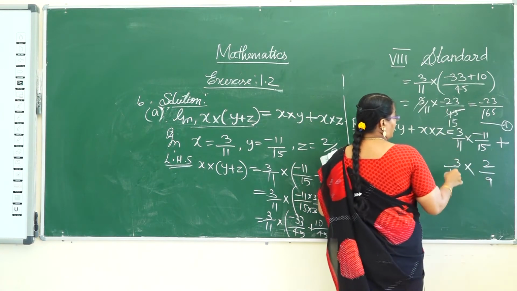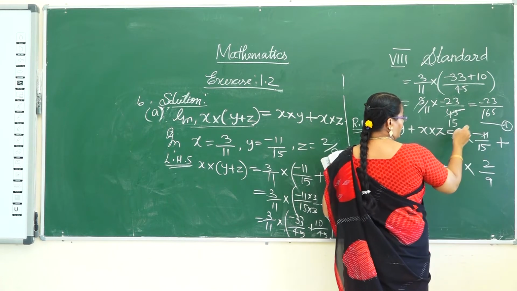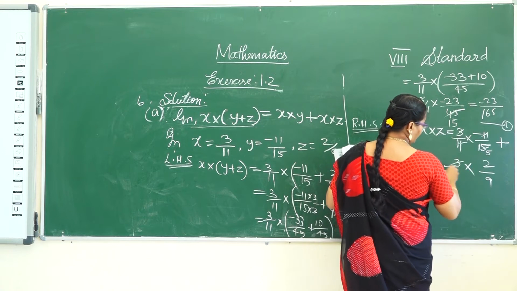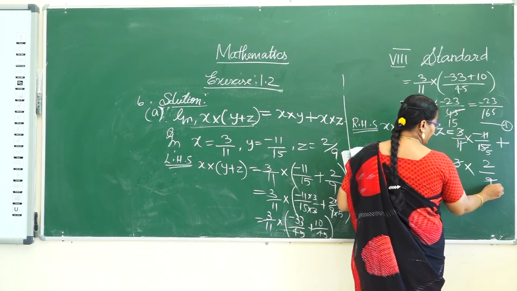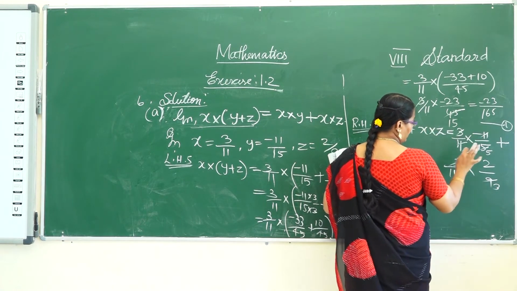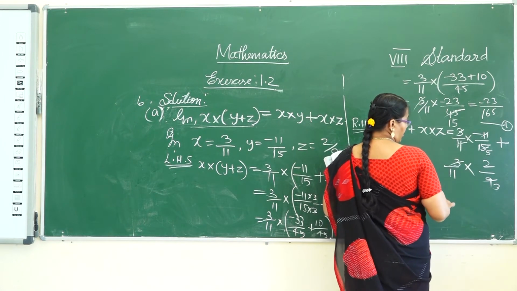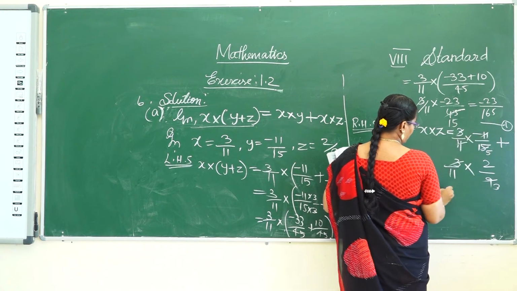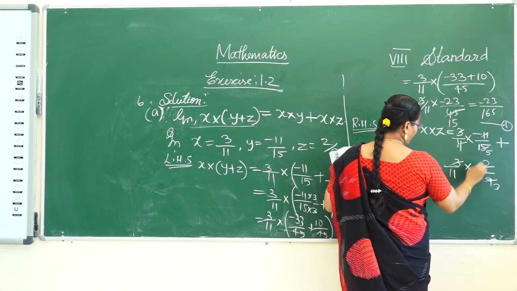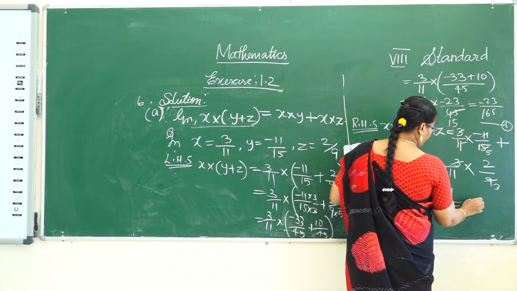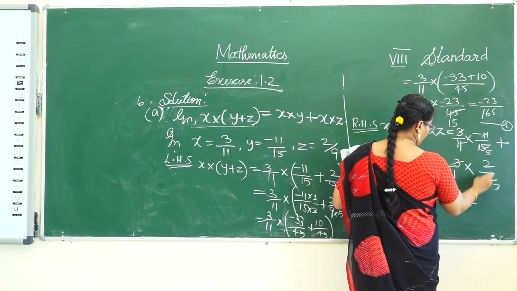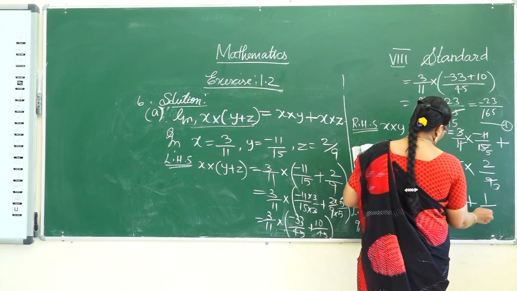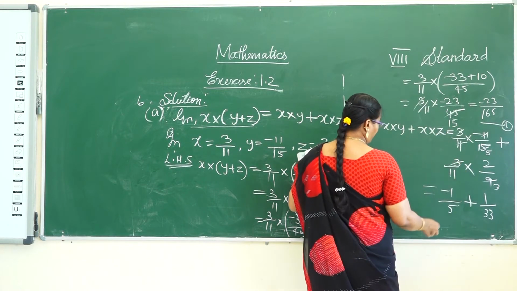It cancels in the 11 table, and it also cancels in the 3 table: 3 5s are 15. Here in the 3 table, 3 1s are 3, 3 3s are 9. That's all, so cancellation is enough. Now multiply the numerators: minus 1 divided by 5 plus, here 1 2s are 2, 11 3s are 33. So now multiply.